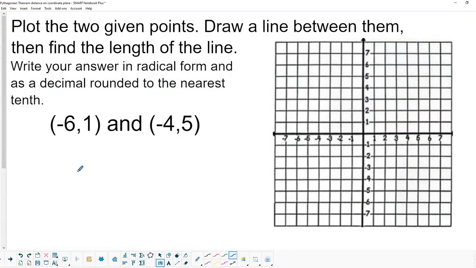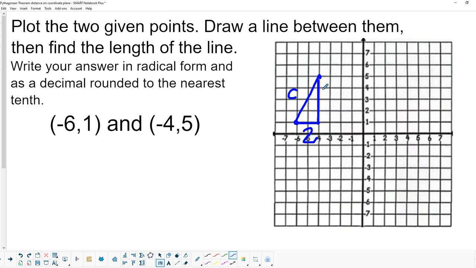Okay, for our next one, we actually have to plot these points. So -6 and 1, right there, and then -4 and 5, -4 and 1, 2, 3, 4, 5, right there. So we draw our diagonal, which is going to be our hypotenuse. Then we complete the triangle and fill in the length of the sides.